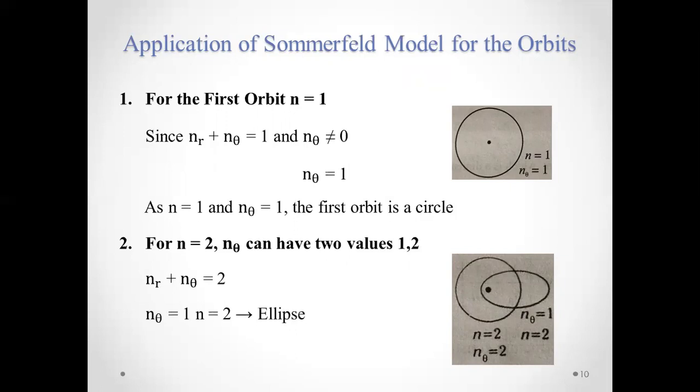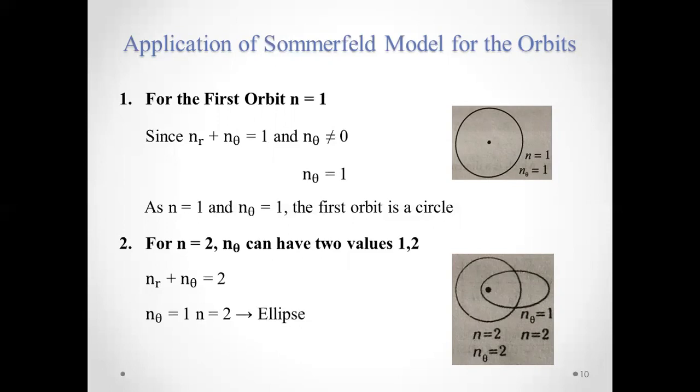And n theta is not equal to 0. That means n theta must definitely take the value equal to 1. As n is equal to 1 and n theta is equal to 1, the first orbit is a circle.